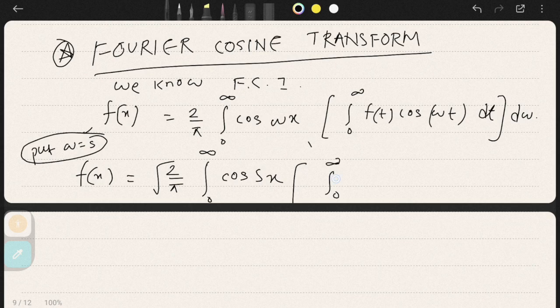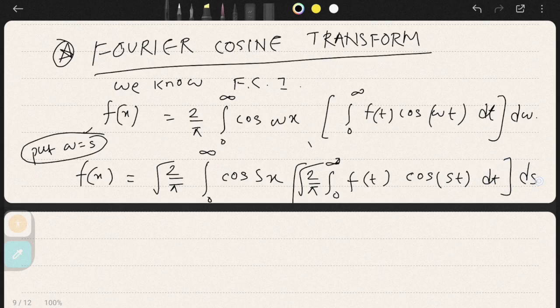Infinity f(t). Here one over root 2 pi, multiplied by the other one over root 2 pi, gives 1 by 2 pi... so this is nothing but the integral with dt and ds.